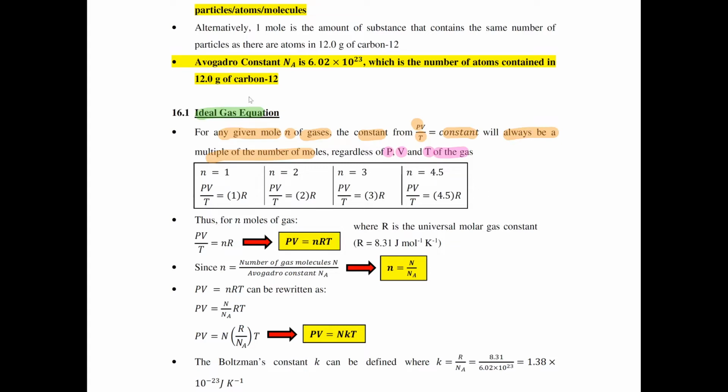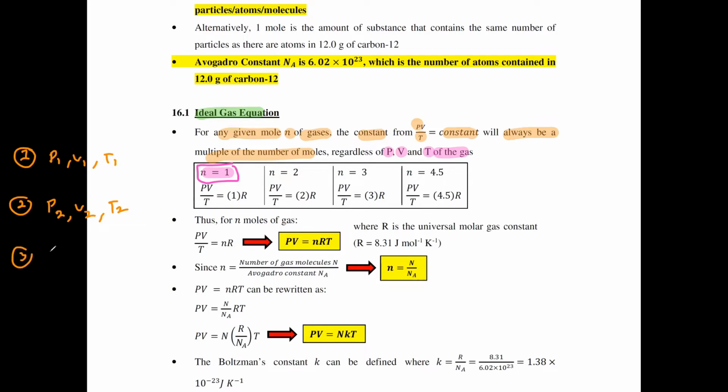Say, for example, you have 1 mole of gas, all right? And then that gas, you did something to the gas by heating it up or increasing its pressure, such that in say one particular case, you have P1, V1, T1. And then another case, you have P2, V2, T2.